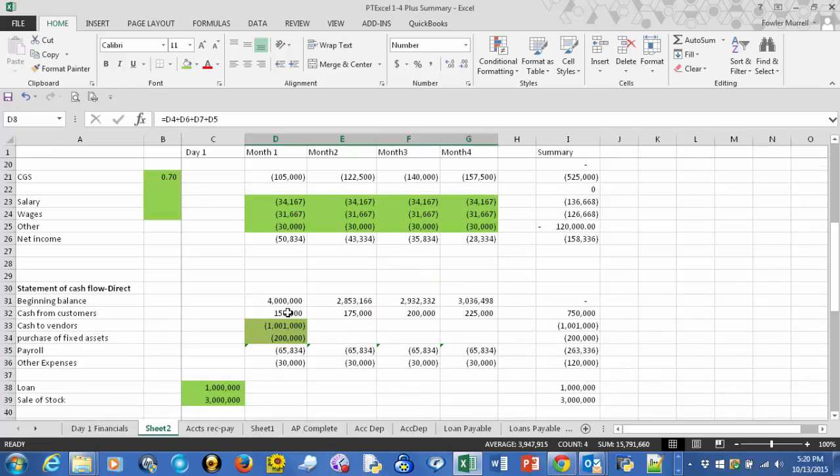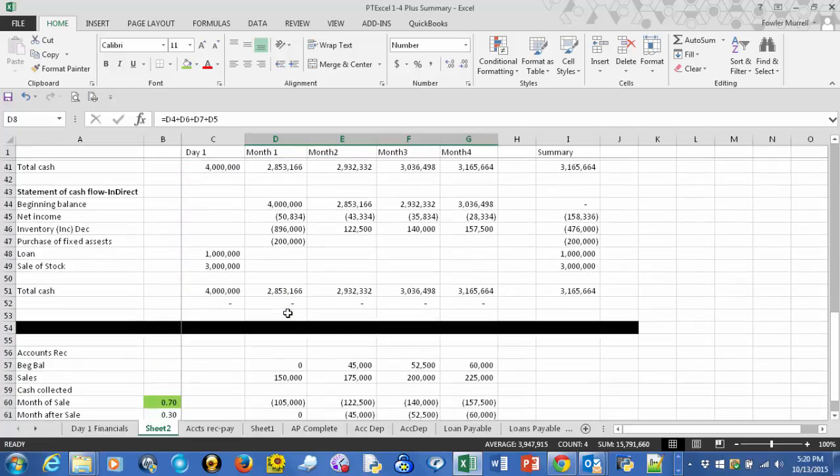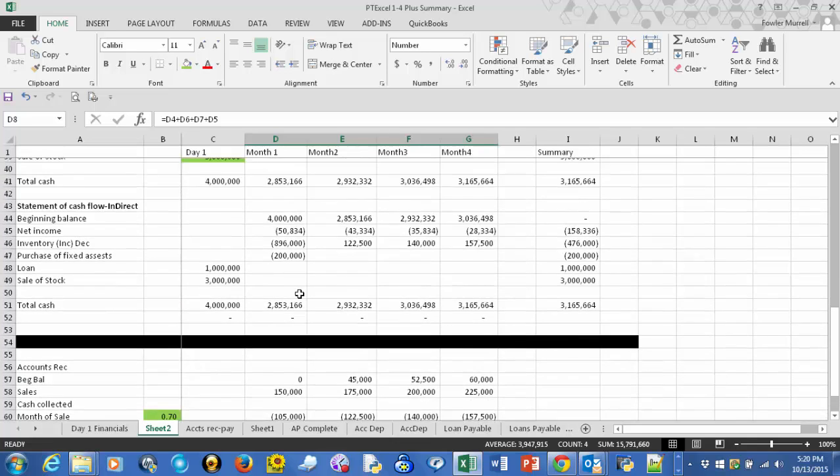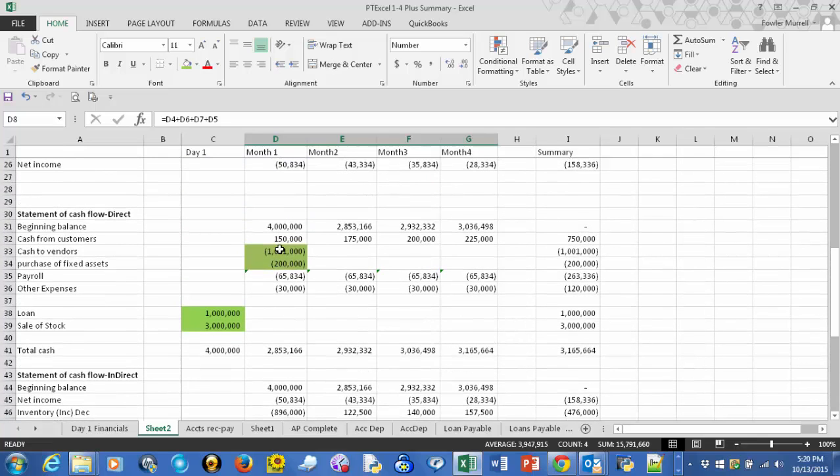No, not at all. Because if we look down at our table, the amount that we've collected from customers is $105,000. So we're off by that 45,000. So we need to change this amount to 105,000.